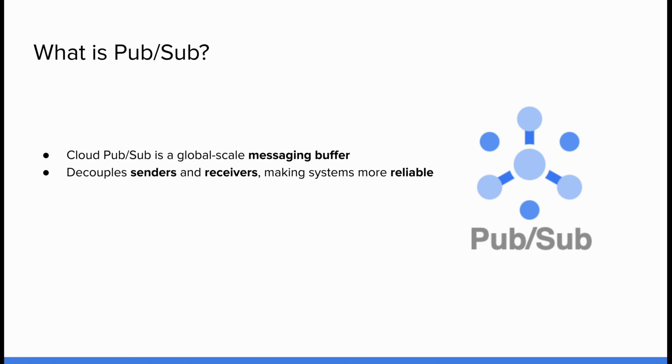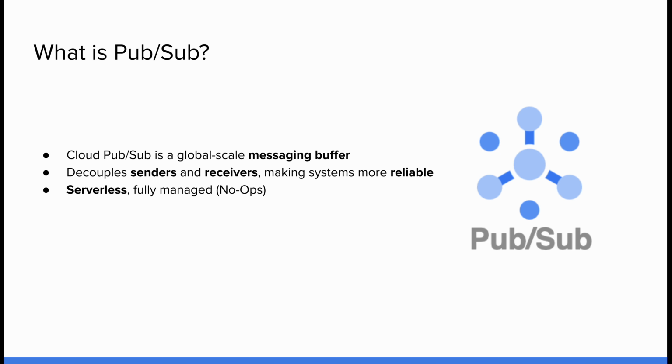So simply stated, PubSub is a global scale messaging service that allows communication between different systems by decoupling senders and receivers, making these systems more reliable. It helps to convert tightly coupled systems into loosely coupled systems, providing that buffer in the middle. And since it's serverless, there's no need to worry about managing infrastructure.